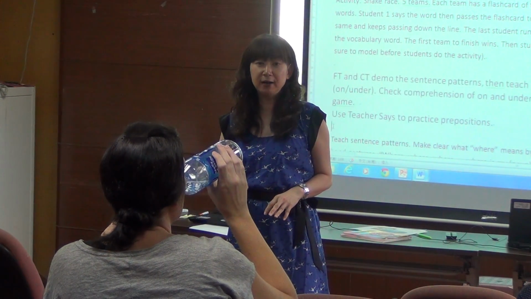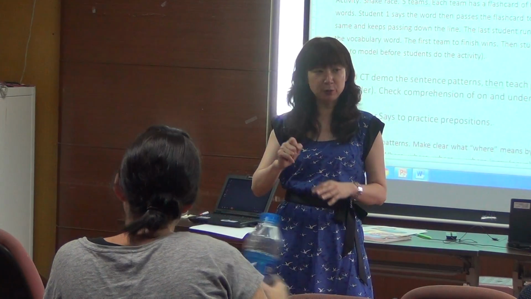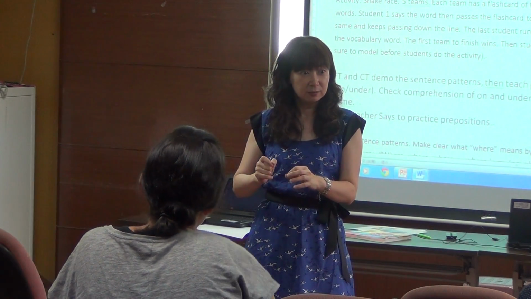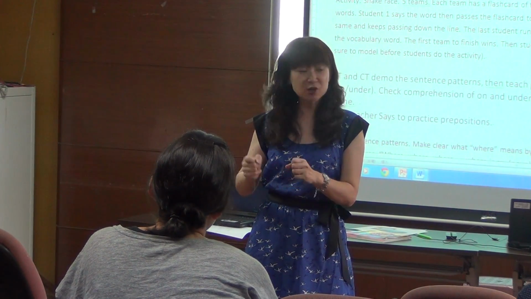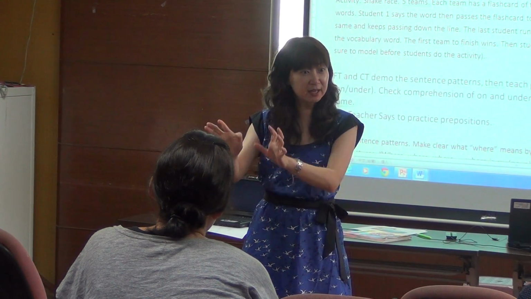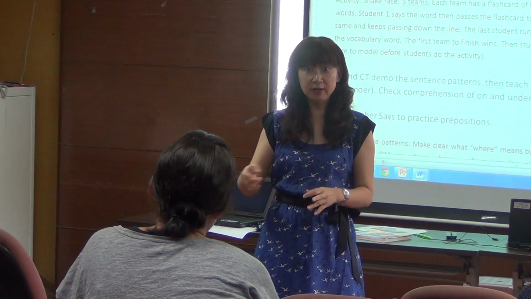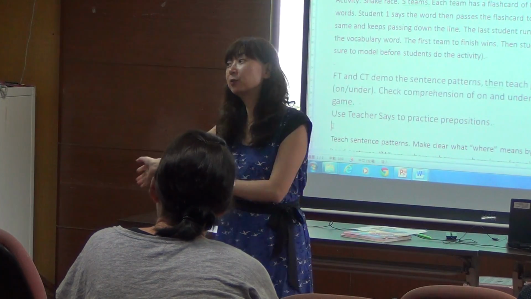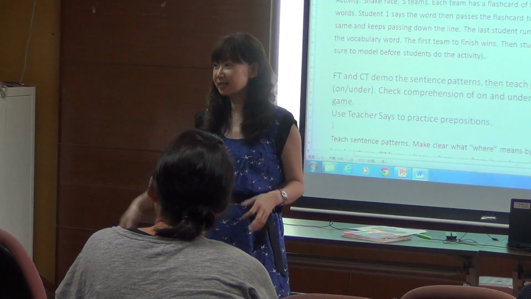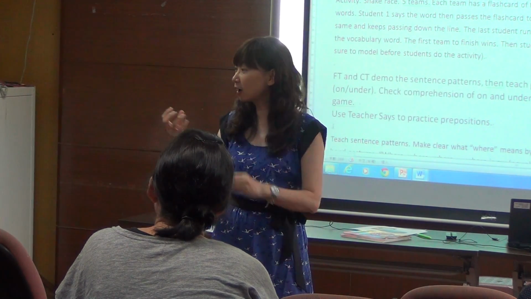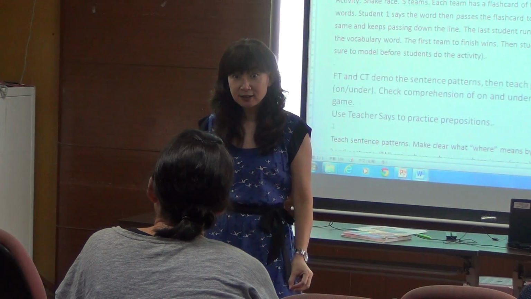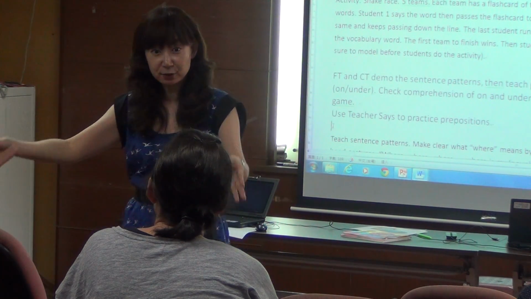Also, if you want to do more rounds, you have to change the seat. If the first round you start with the first kid, what do you do the second round? You switch the cards and then you go to maybe the third person as the first one.